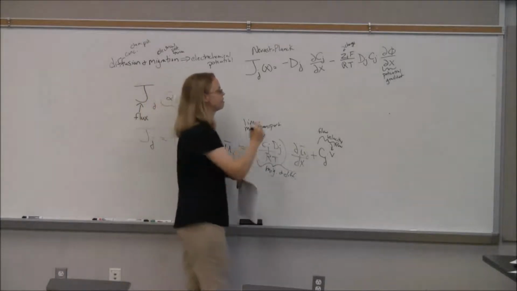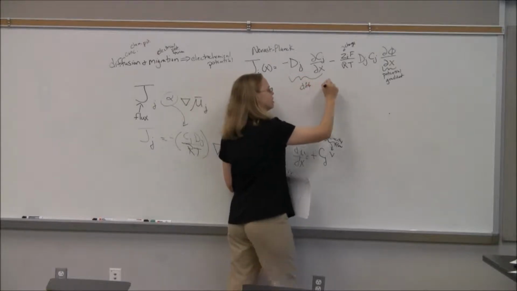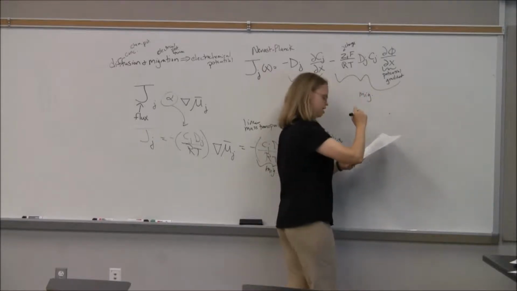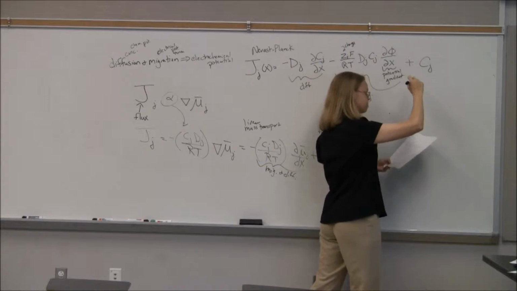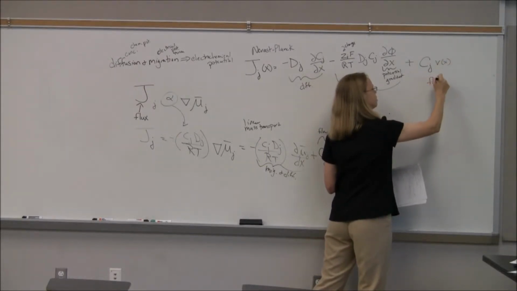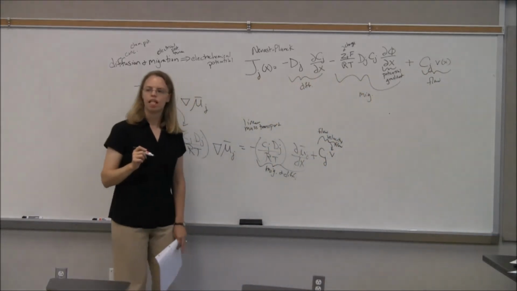Again, that's your diffusion term, and this is your migration term. And then we can get some sort of flow term. So again, that's called the Nernst-Planck equation.